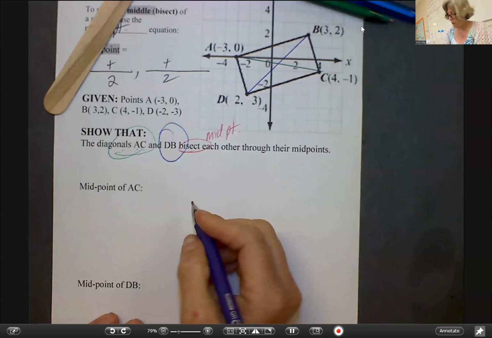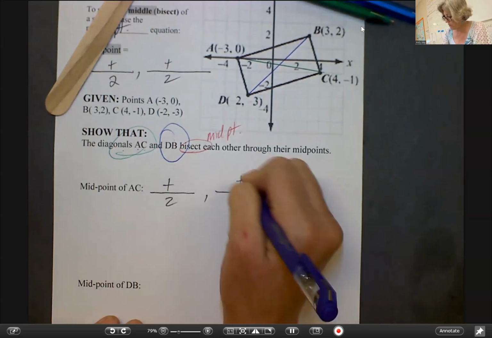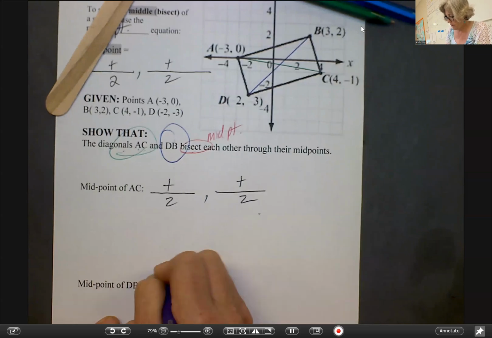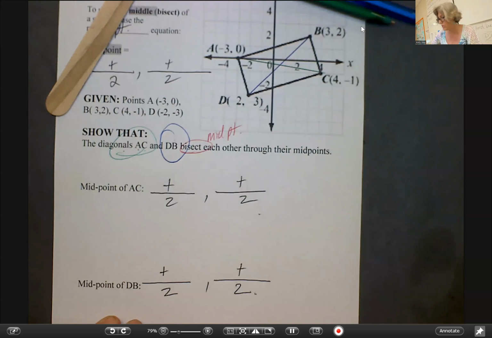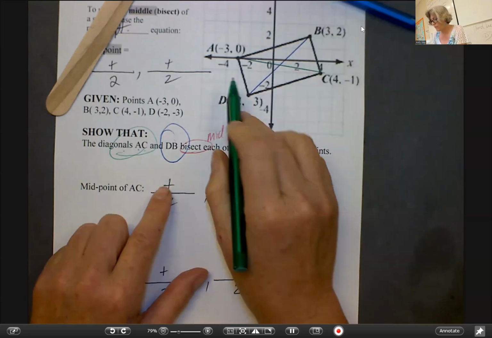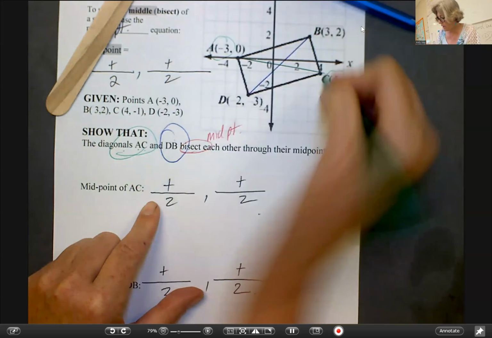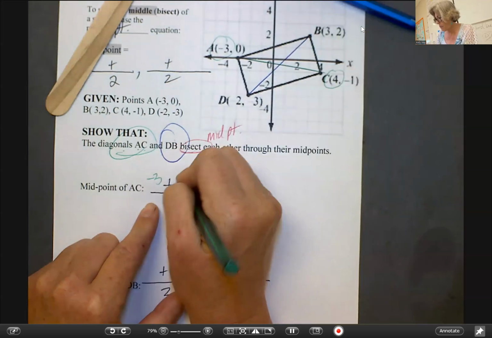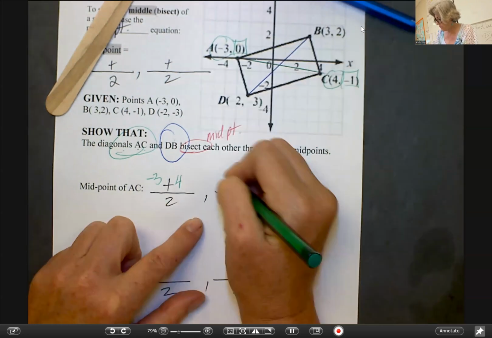Let's get our midpoint. Add the x's, divide by 2, add the y's, divide by 2. Those are your templates. I'm going to do AC first. I'm going to circle my x's. That's -3 and 4. Box the y's.